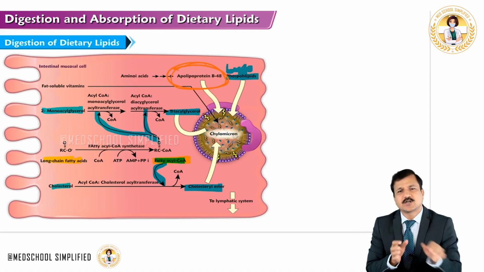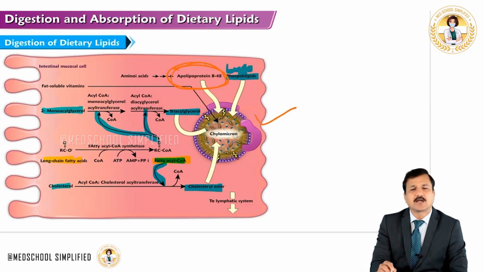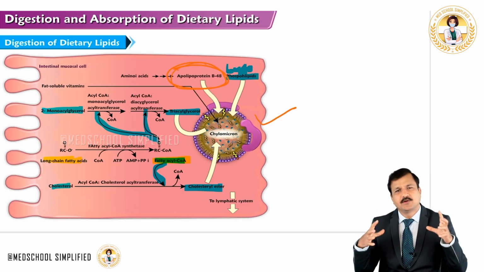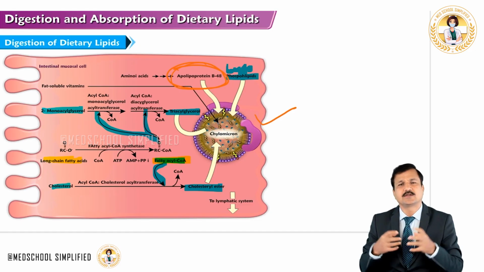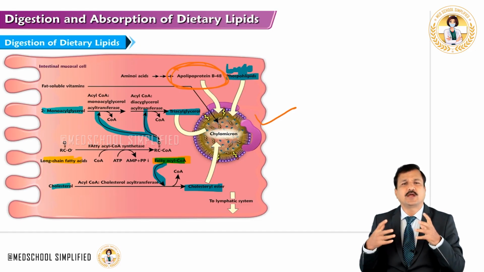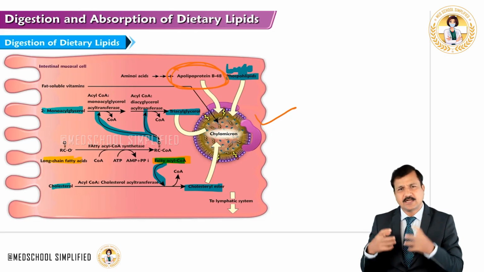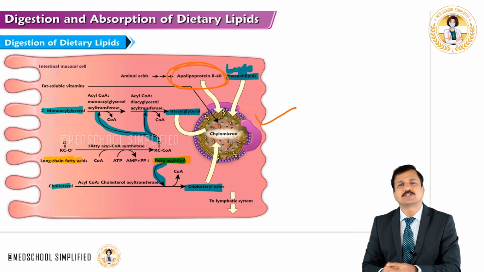That entire structure we refer to as a chylomicron. The chylomicron is a big molecule, so it needs bigger fenestrations to enter into the circulation. That's why it prefers to enter into lymphatics, the lacteals, and from there it finds its way into systemic circulation, and that's what happens to dietary lipids that are absorbed.